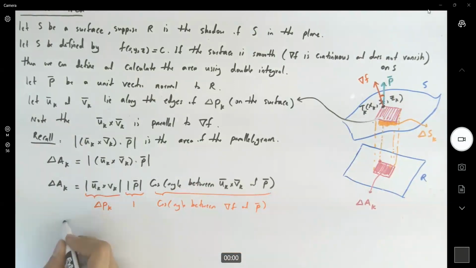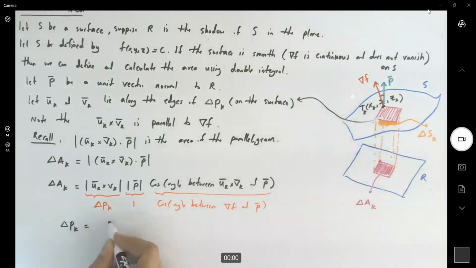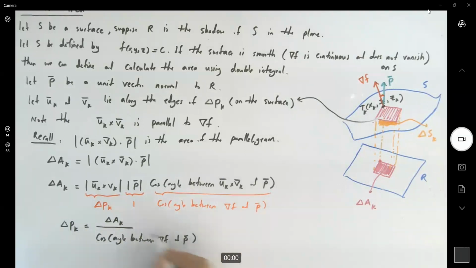So it means that we can just simplify this as the area of delta PK, which can be written as the magnitude of these areas divided by the cosine of the angle between the gradient of f and the unit vector P. Now, if you take the sum of both hand sides and take the limit, it converts into the double integral.